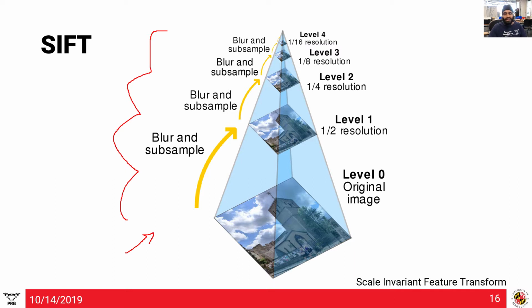So to detect these features, it uses the same difference of Gaussian, DoG, that we discussed and applies it to a series of smoothed and resampled images.